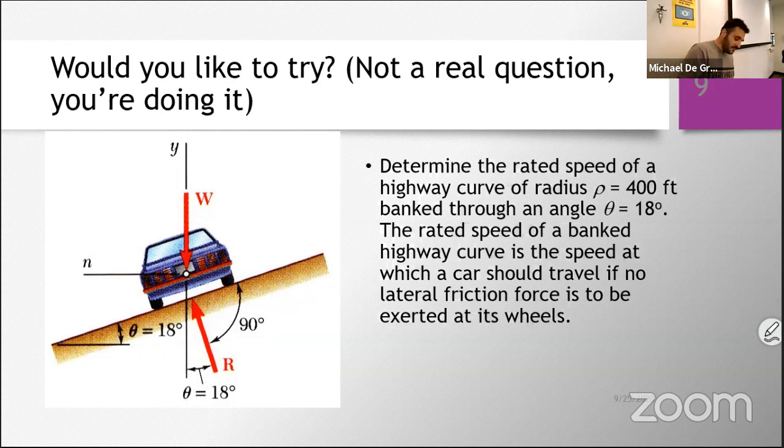So when you're drawing your free body diagram, should you include friction or not? No friction, right? Because this is the worst case scenario. You're driving on an icy highway on a banked curve, and you want to make sure that there's no lateral friction between those wheels.